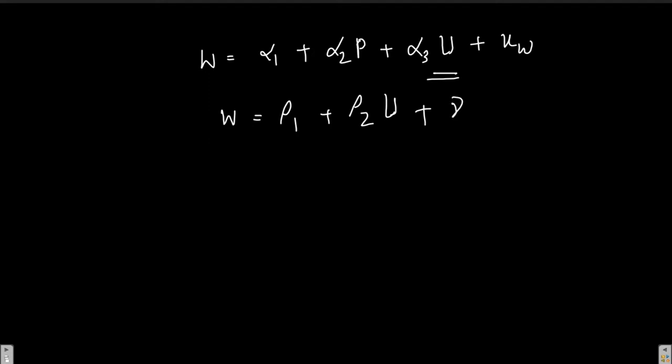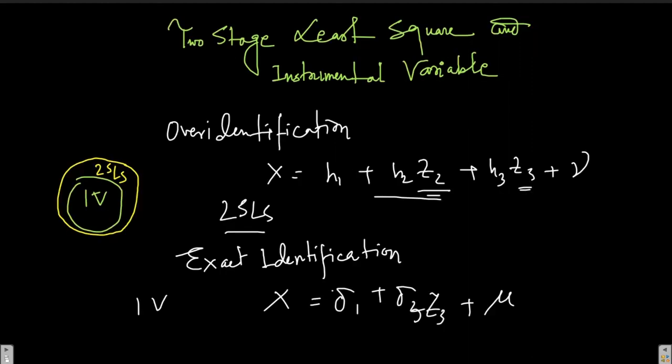Here what I do is I actually get an estimated W. When I estimate W, I get rho 1 hat and rho 2 hat, so I actually estimate these coefficients. Now when I get these values, I use them in my original equation, which is the price equation.